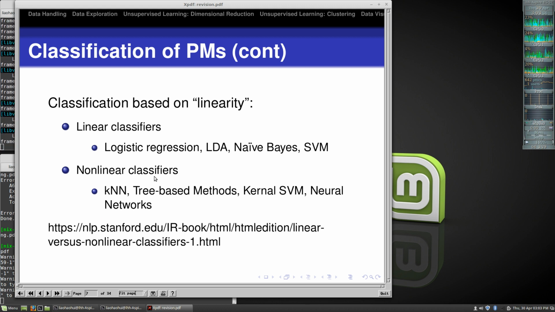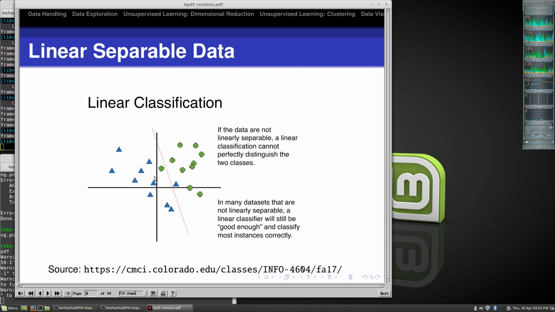So let's take a look at how and why we have to talk about linear classifiers and nonlinear classifiers. Let's say we have this type of data, on one side the negative, and here the positive on the right hand side.